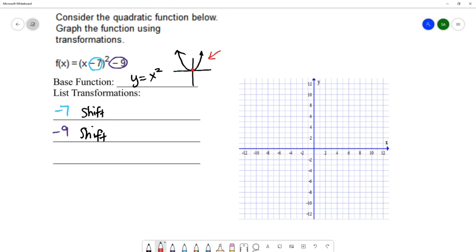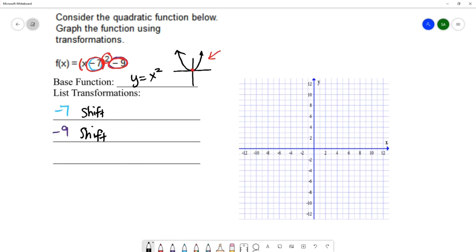If we focus on this squared, we can see that this minus 7 happens inside of the squared versus the minus 9 happens outside of the squared. Or in other words, the minus 7 is affected by the squared where the minus 9 is not affected by the square.